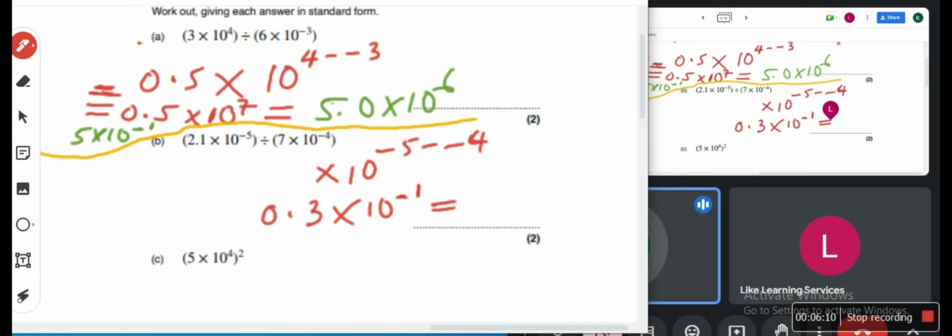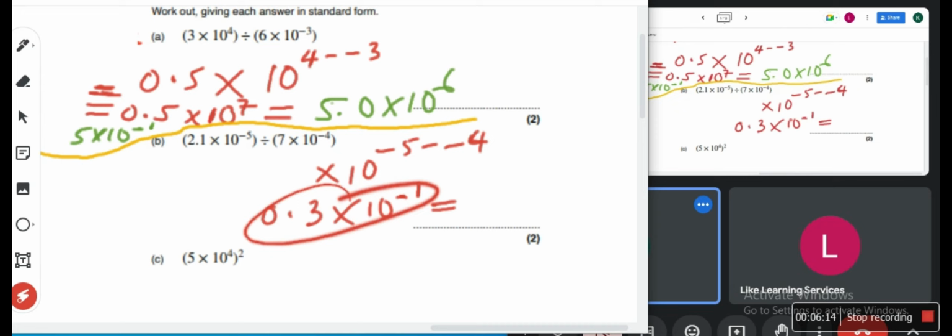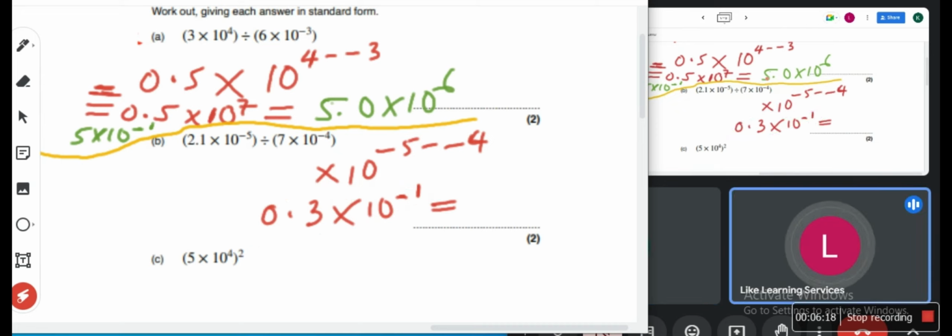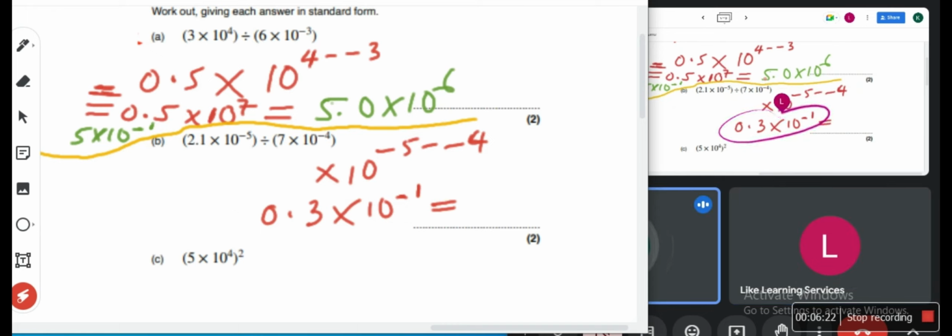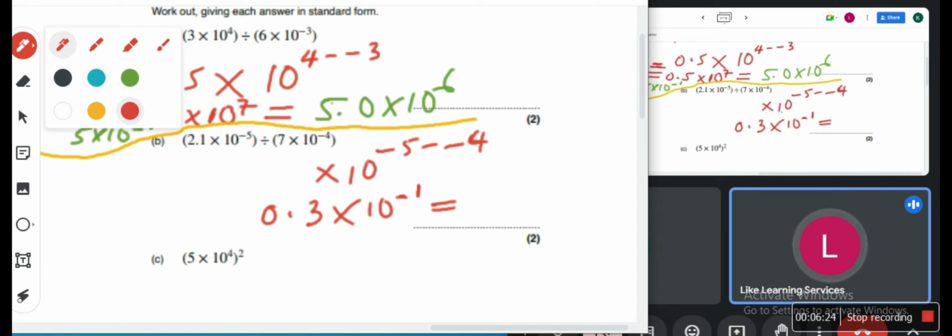0.3 times 10 to the power of minus 1. Is that in standard form? 0.3 times 10 to the power of minus 1 is... oh, wait, no, that's 0.3. So write it properly in standard form.